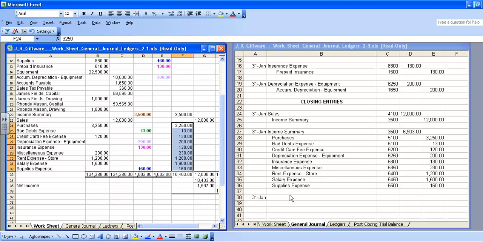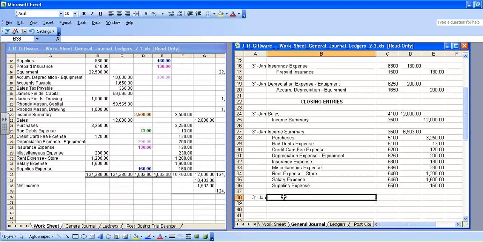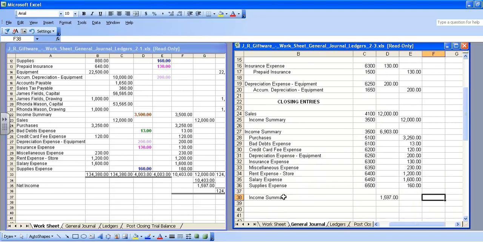We have 2 owners, and so we're always going to assume that that amount gets divided equally. If we have a net income, we need to add to capital. In order to add to capital, we must credit it. So we're going to debit our income summary for the total of net income. I'm just going to put a little note over here that says total net income.